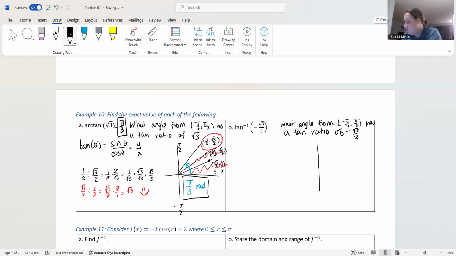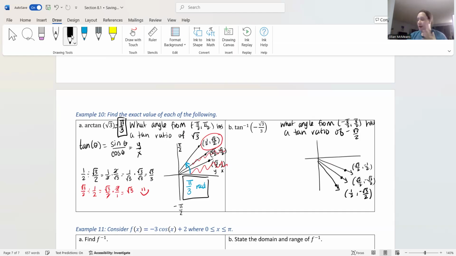So let's redraw quadrant 4. This point right here is going to have an xy point of root 3 over 2, comma, negative 1/2. This one is going to have root 2 over 2, comma, negative root 2 over 2. And this one has an ordered pair of 1/2, comma, negative root 3 over 2.